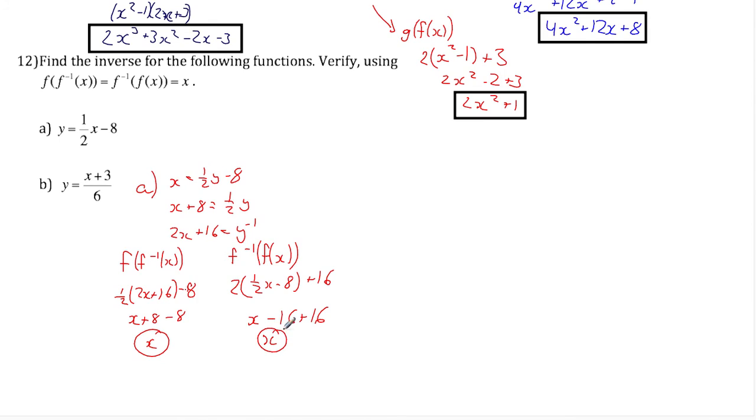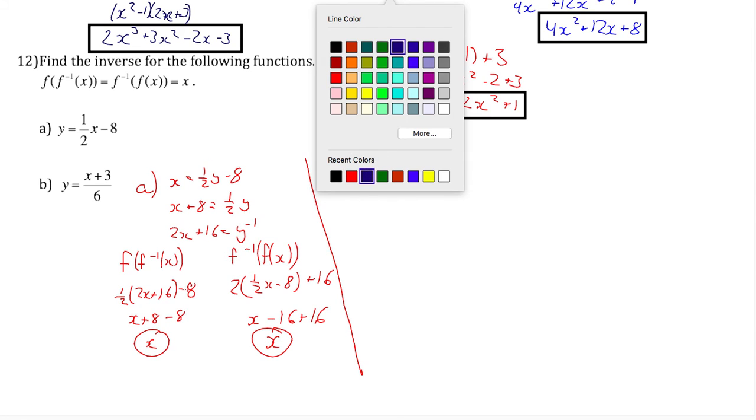So we just get x. Right, so when we get that, boom, x, done. Once we have x for both of these, that means we know that these are inverses of each other.